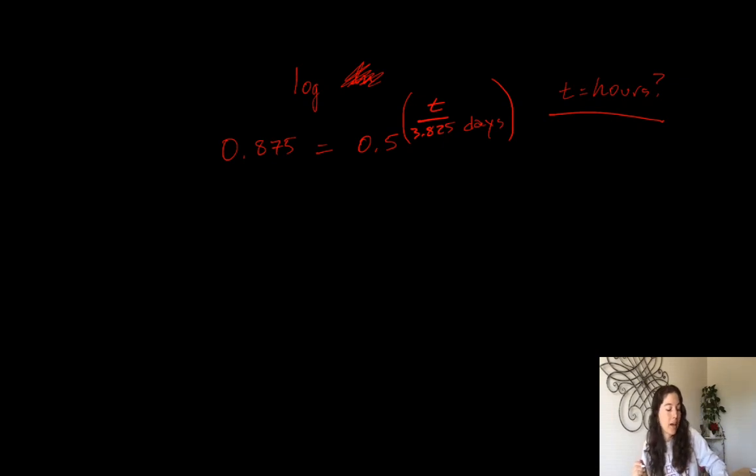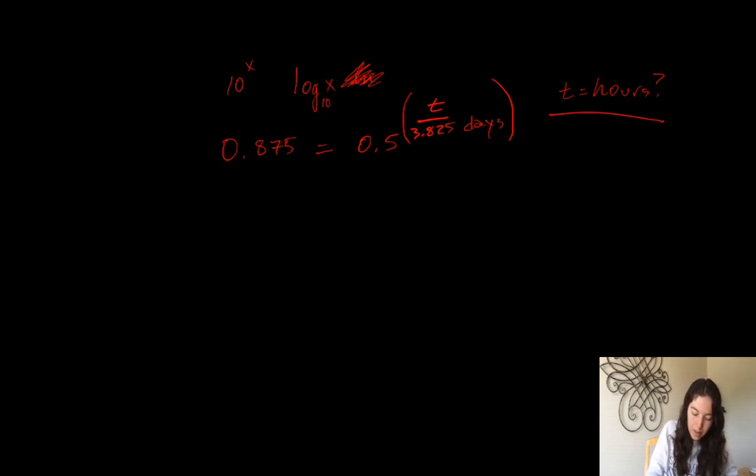So we can apply logs very easily here because we just take the log of both sides. We do the same thing. The log is the inverse of an exponential. So 10 to the x is the opposite of log base 10 of x.